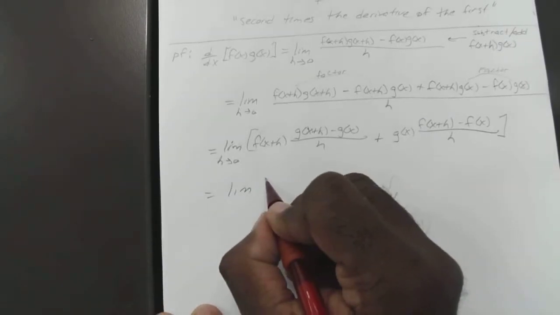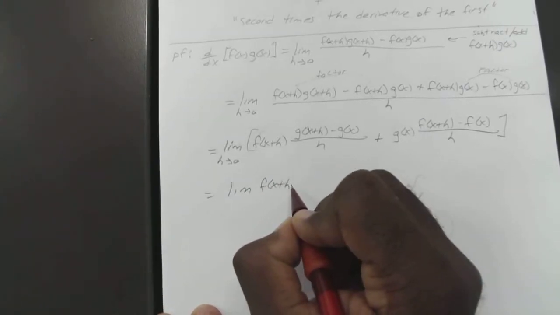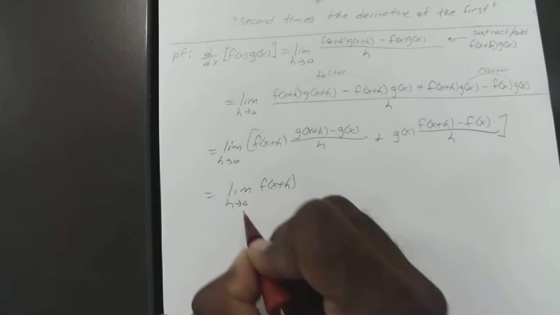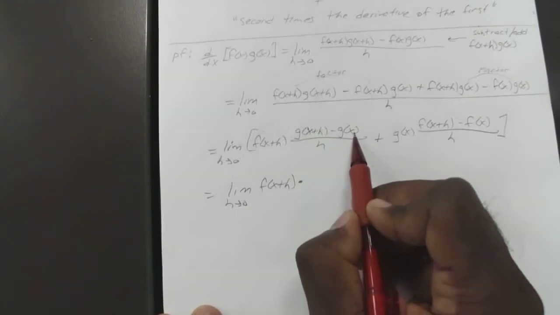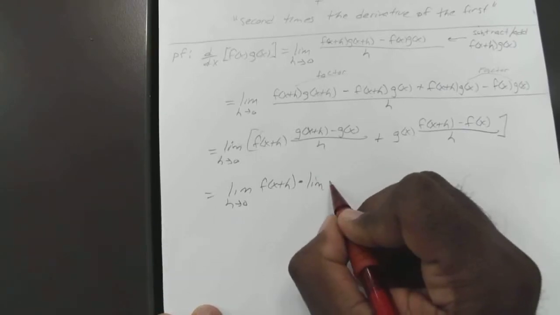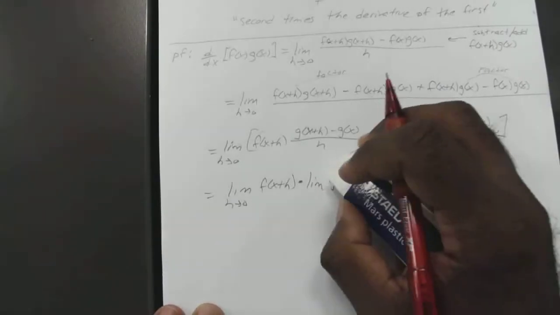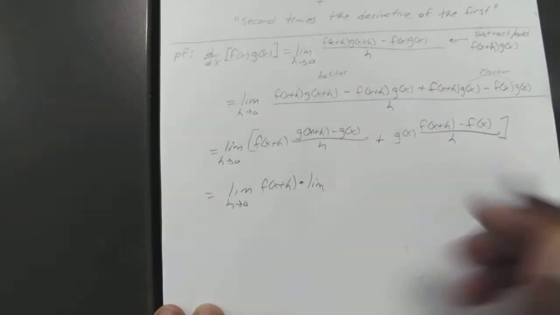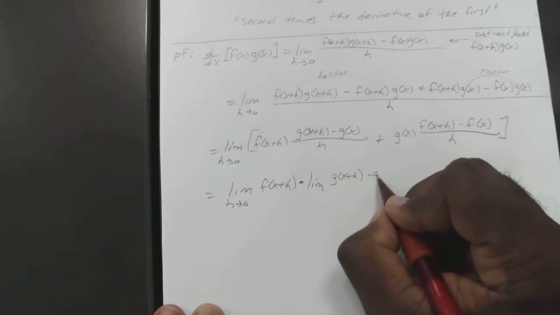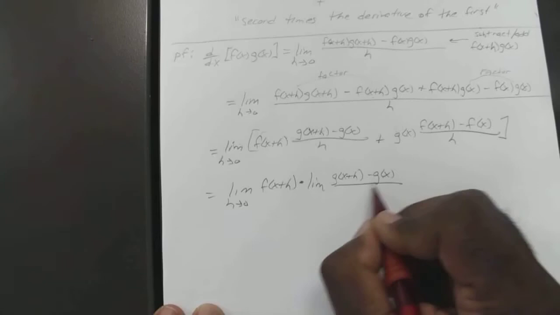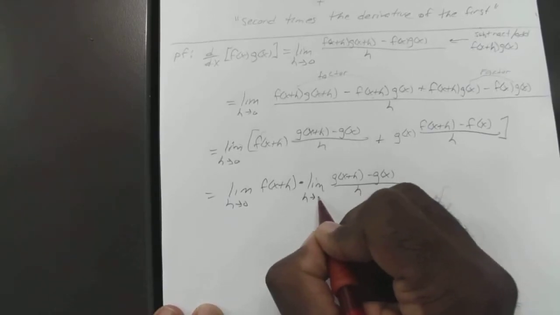So the limit of f of x plus h as h approaches 0 times the limit of g of x plus h, bring that up some, minus g of x all over h as h approaches 0.